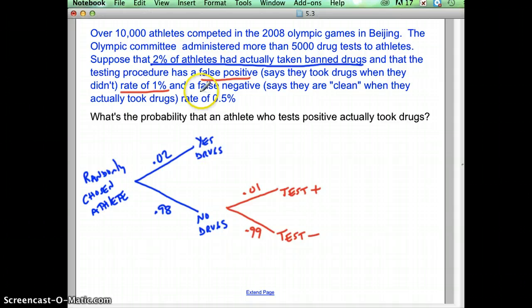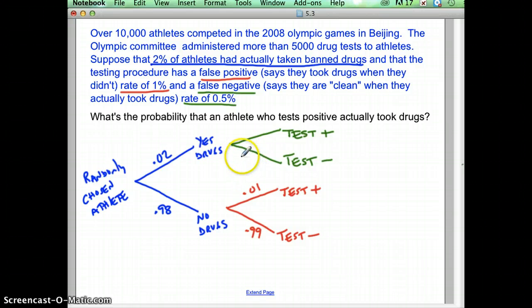Okay, then a false negative has a rate of 0.5%. That says they're clean when they actually took drugs. So of the people that actually took drugs, they could test positive or they could test negative. A false negative says they're clean when they actually took drugs. So these people took drugs. A 0.5% is when they test negative even though they took them.